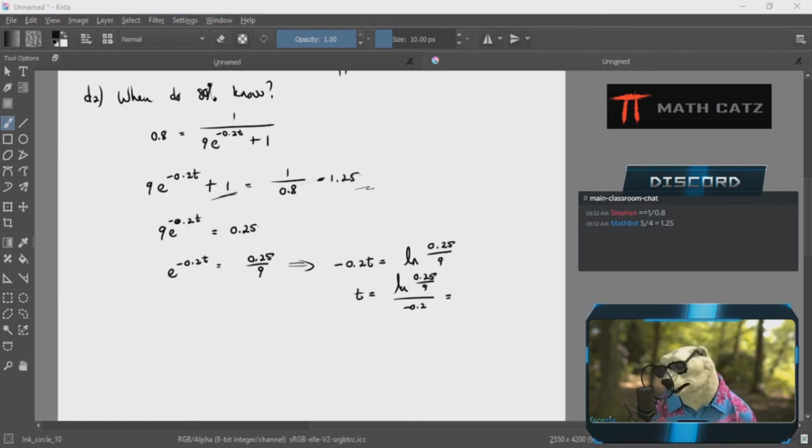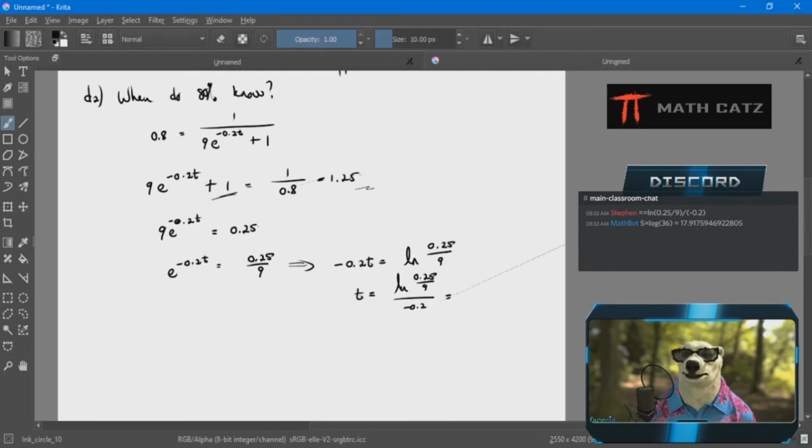80% is pretty high. So how long does it take for a lot of people to know the rumor? So I have natural log 0.25 divided by 9 divided by negative 0.2.